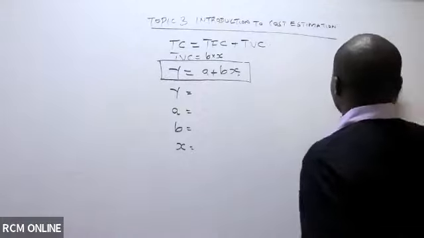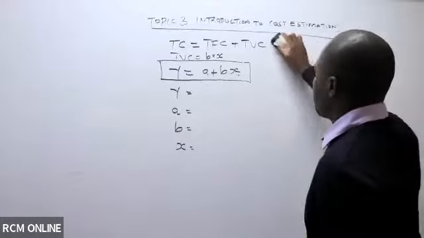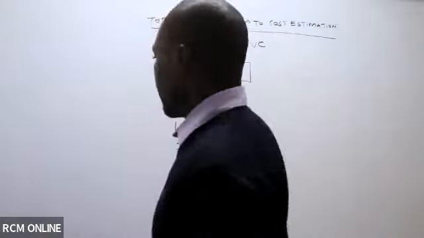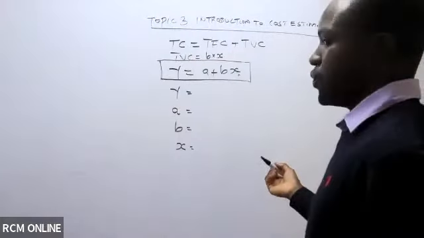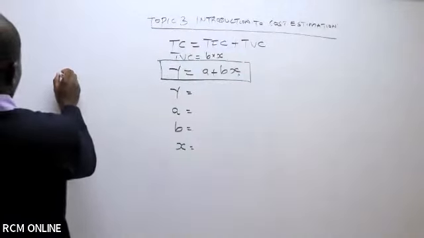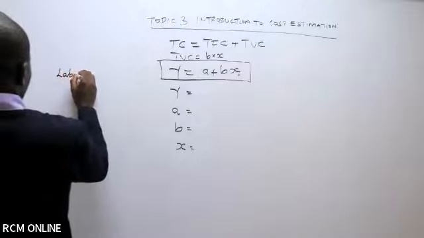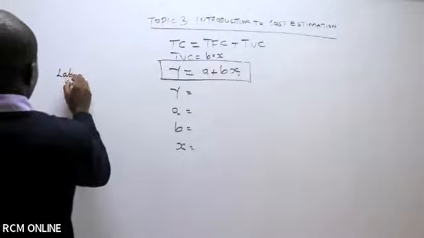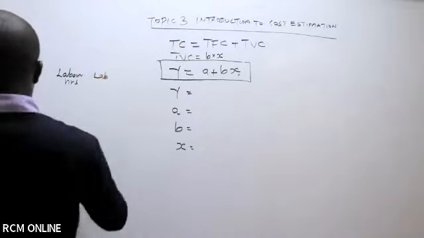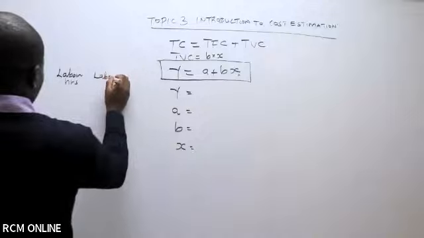So we need to understand what each of these items represents. And for us to explain that clearly, we need to move to this section here and have, for example, labor hours, and then we have labor costs.